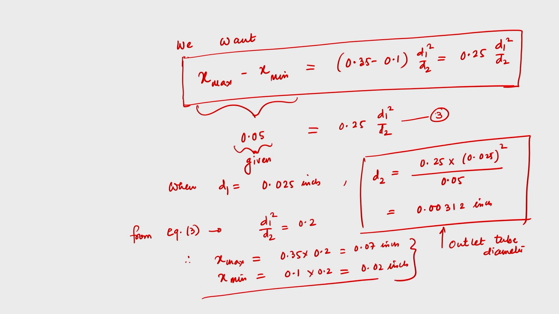So, the maximum displacement which may be measured is 0.07 inch and minimum is 0.02. So, within this range, that is 0.05 inch, it can be measured. I mean, the displacement needs to be measured within the range of 0.05 inch.